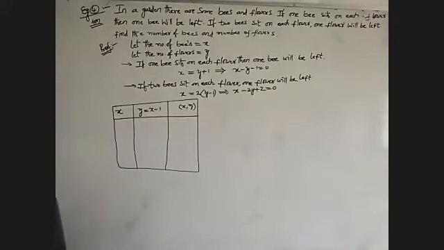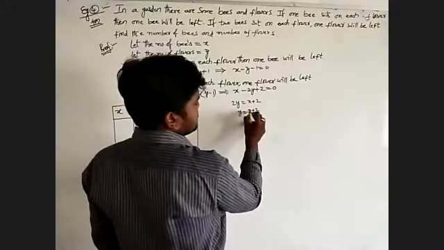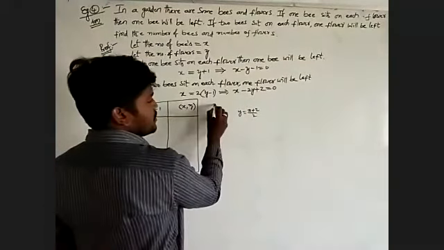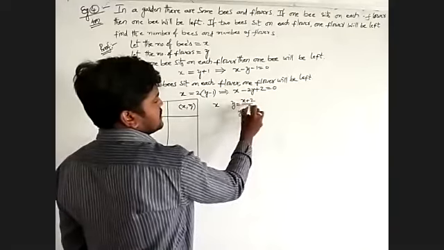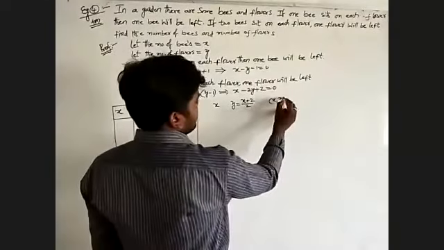Otherwise, for the second condition, minus 2y goes to this side, 2y is equal to x plus 2, so y is equal to x plus 2 by 2. Here we take x, y becomes x plus 2 by 2, and finally write x comma y.